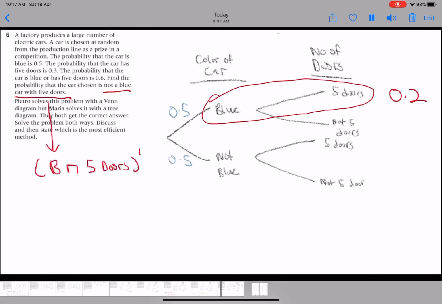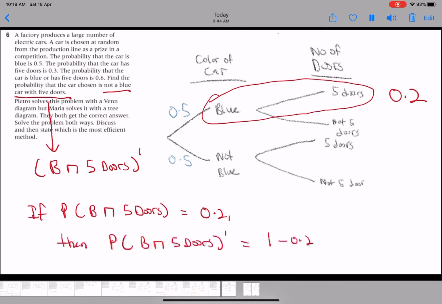So if the probability of blue and 5 doors is 0.2, then the complement is just 1 minus 0.2, which is 0.8, because a set plus its complement always equals 1 when you calculate the probability. Okay, I hope this is clear. Alright.